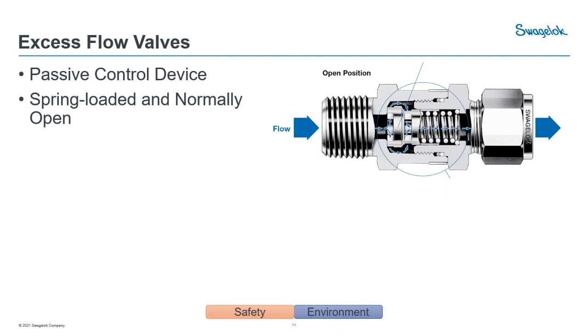In that case, the valve will close and then stop any uncontrolled release of your media. So just wanted to point that out, just because they are in the same family as the check valve. So, excess flow valve. And if you need more help in definition or how that might be used, let us know and we'll talk to you about that.